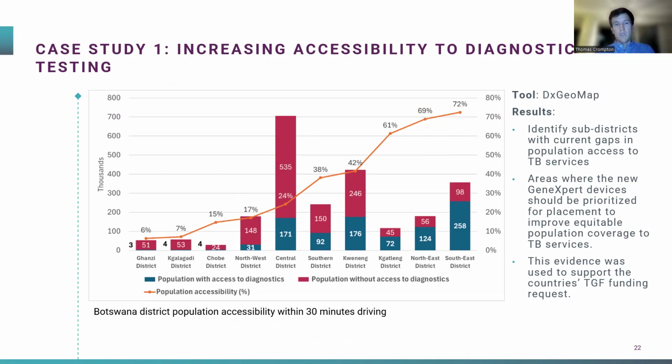And so we can see, for example, the central district, there's a large population without access to diagnostics, and also a low percentage of people. And so that was using DXGeoMap, and some of the results was they were able to identify these sub-districts with current gaps. They knew where they should prioritize based on this analysis to increase accessibility, and this evidence was used to support the country's Global Fund funding request.